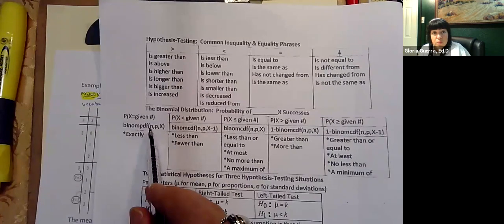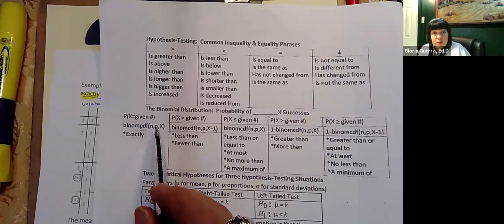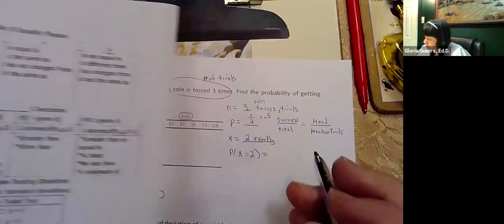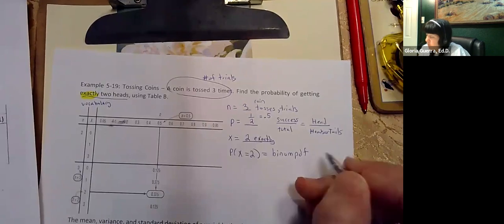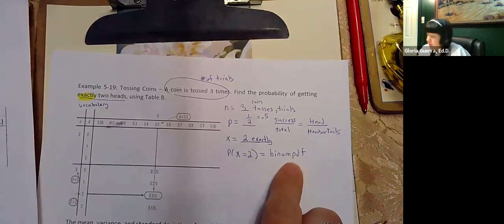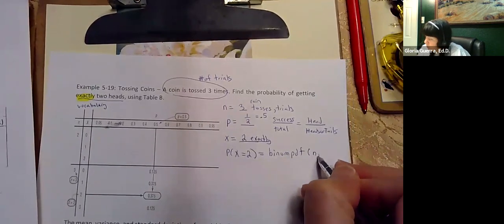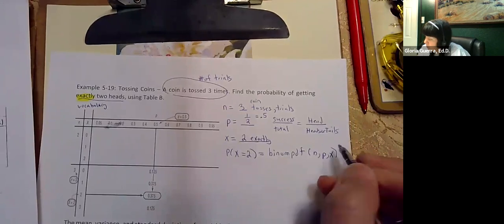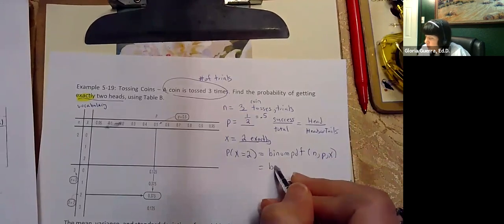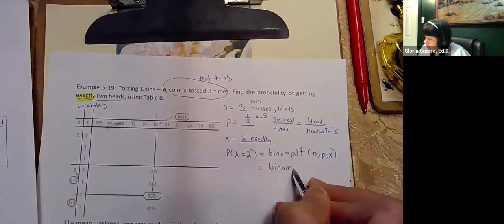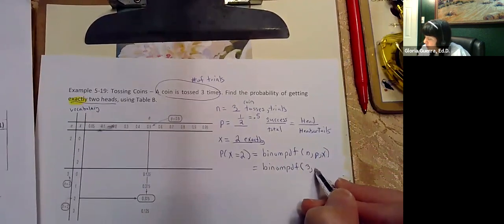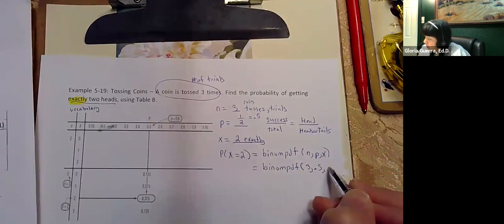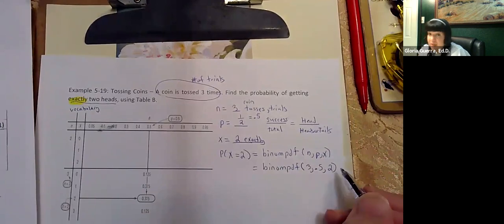Then you're going to write your command binompdf(n,p,x). Notice how this is not CDF, it's PDF. Then the substitutions: n is 3, p is 0.5, and x is 2. Remember, exactly 2.